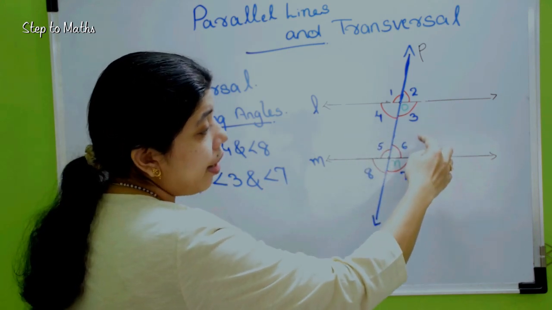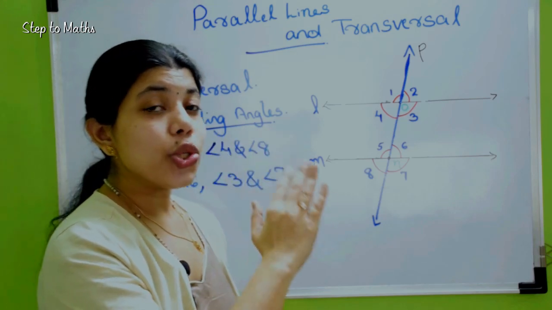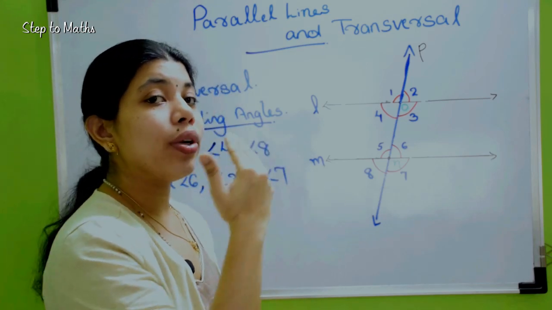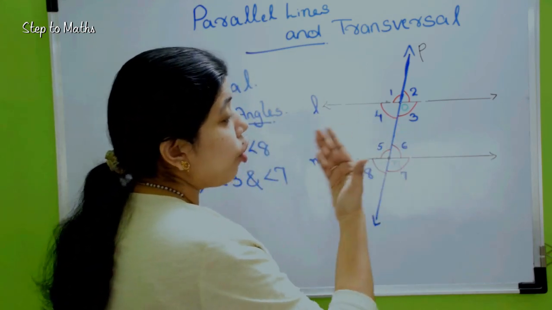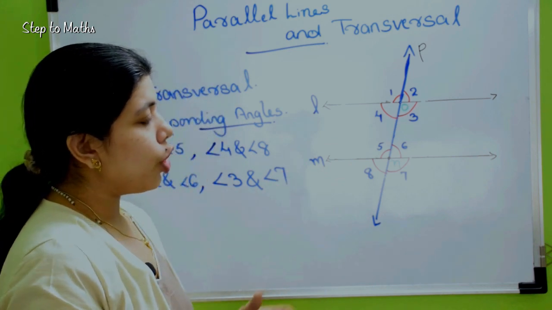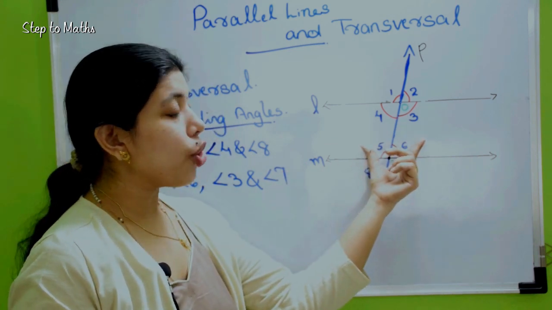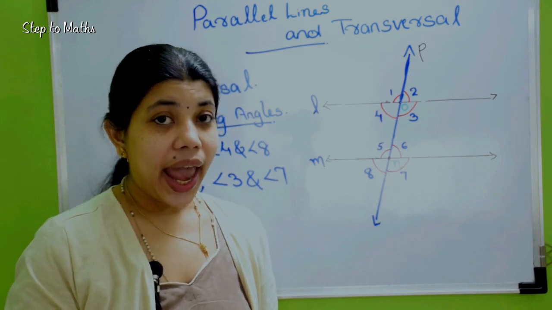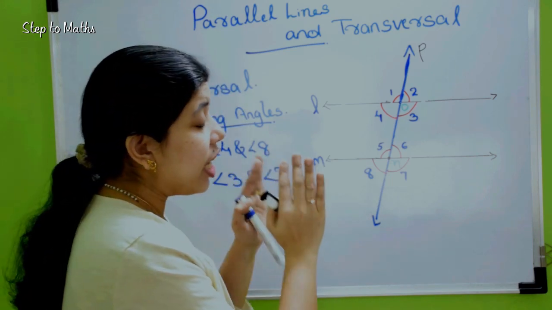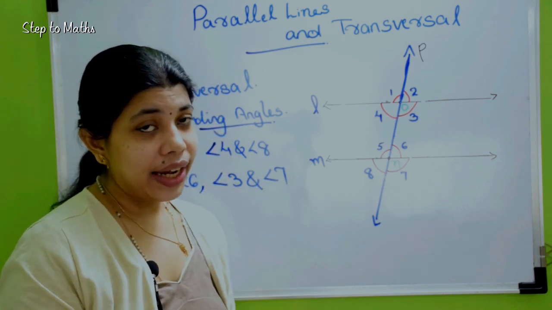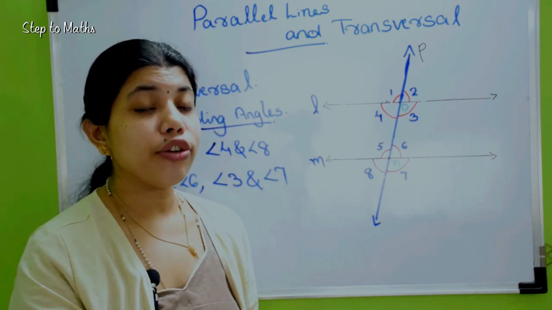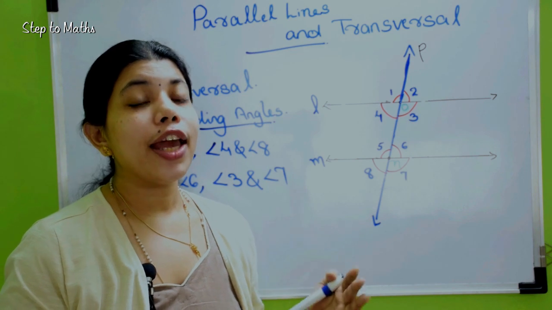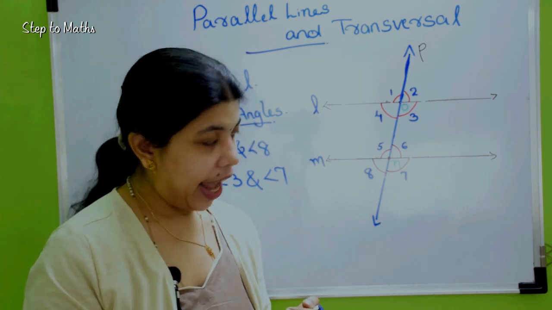Similarly, angle 3 and angle 6 are inside the lines, on the same side of the transversal. So, these angles are known as interior angles.